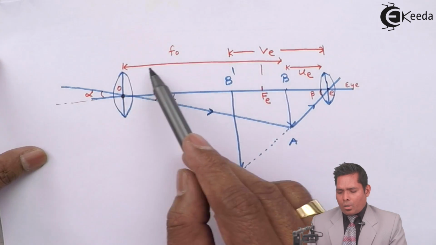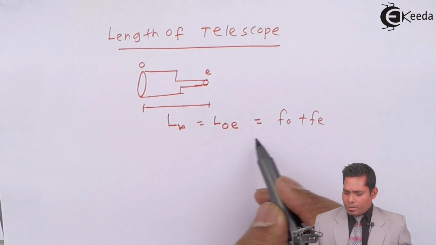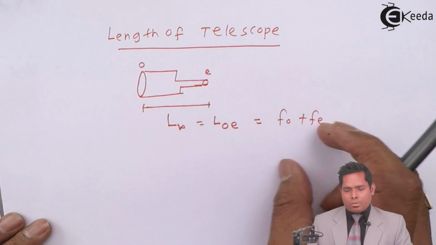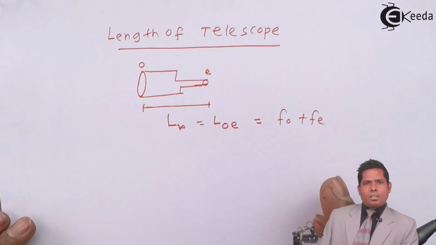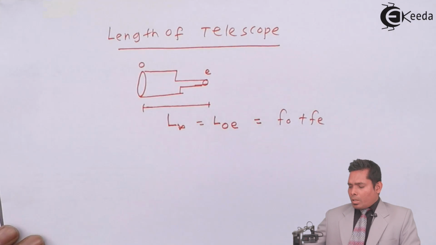So therefore already it was FO, so it is FO plus FE. This is the length. Obviously this has to be positive because we are interested in the length. We will not consider the sign convention. So this is the length of the telescope.